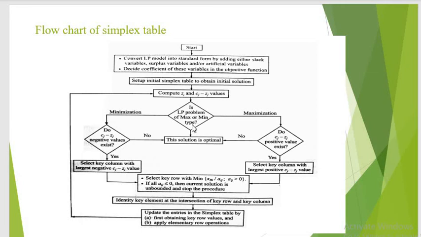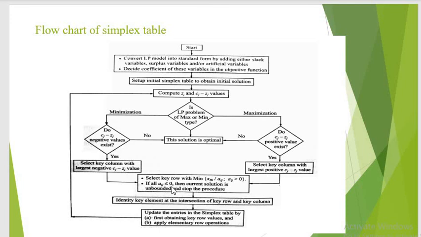Now we check whether the problem is maximization or minimization. If maximization, we move on to check whether a positive Cj minus Zj value exists. If yes, we select the key column with the largest positive Cj minus Zj value, and we select the key row with minimum ratio.